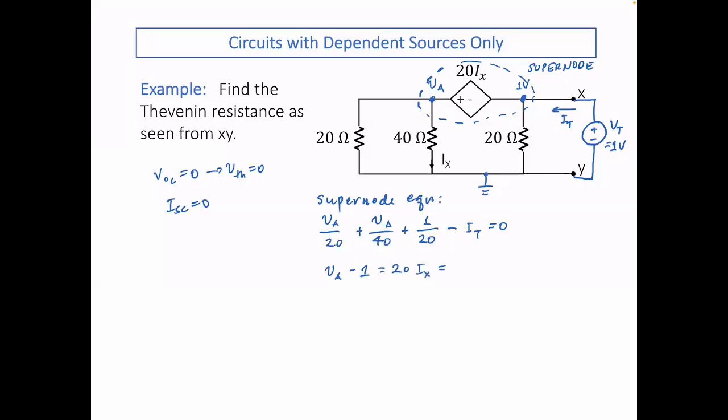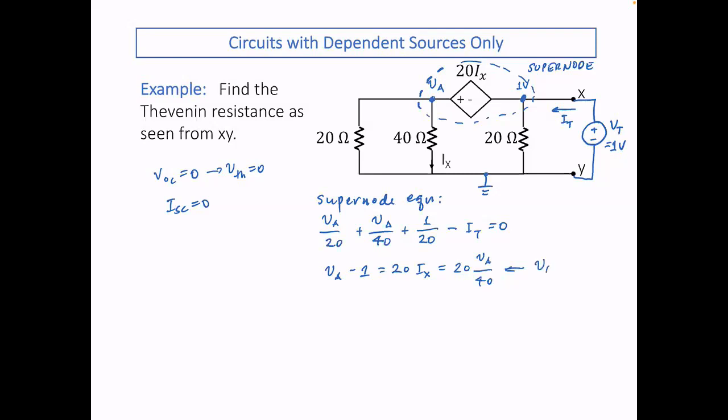But what is IX? I of X is V of A over 40. So this is 20 multiplied by V of A over 40. Okay. So matter of fact, mula rito, masasolve ko na yung V of A dito, sa equation na to. V of A minus 1 is equal to 1/2 V of A. So 1/2 V of A is equal to 1.